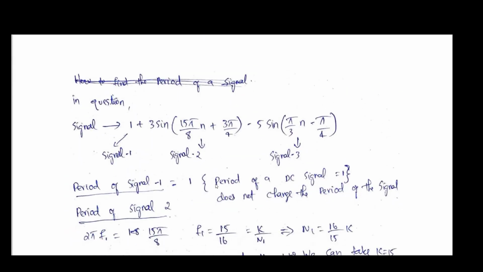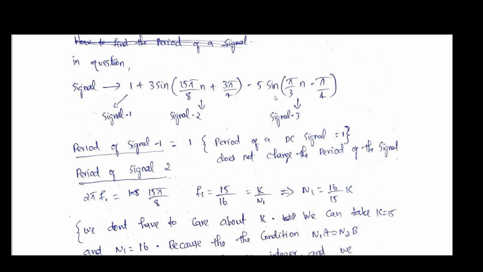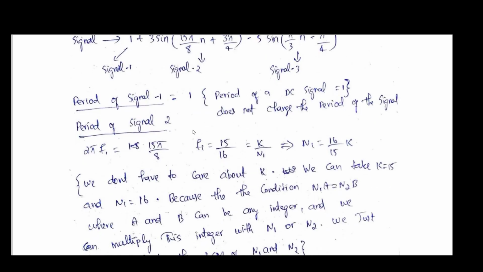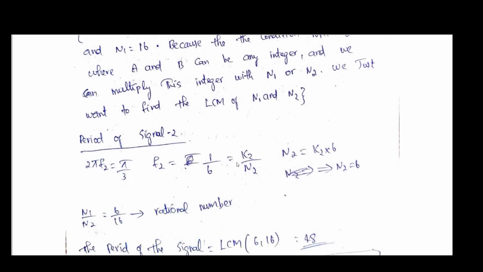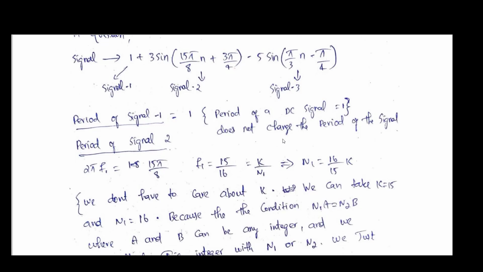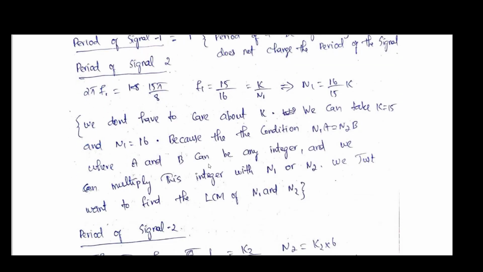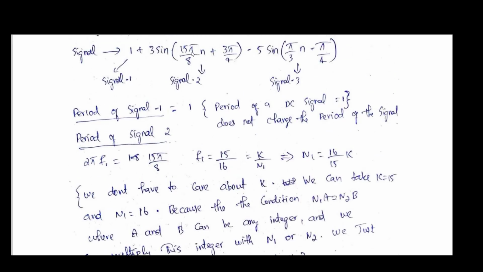So the basic concept is we will calculate the period of the first signal, the period of the second signal, and the period of whatever signals are present, and then calculate the LCM of these fundamental periods. It's actually very simple. In order to calculate the fundamental period, we equate omega to 2 pi f, where f is equal to k by n.